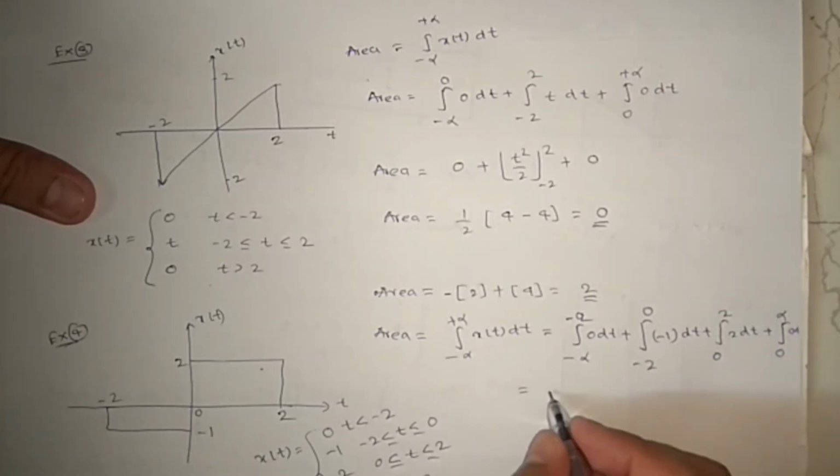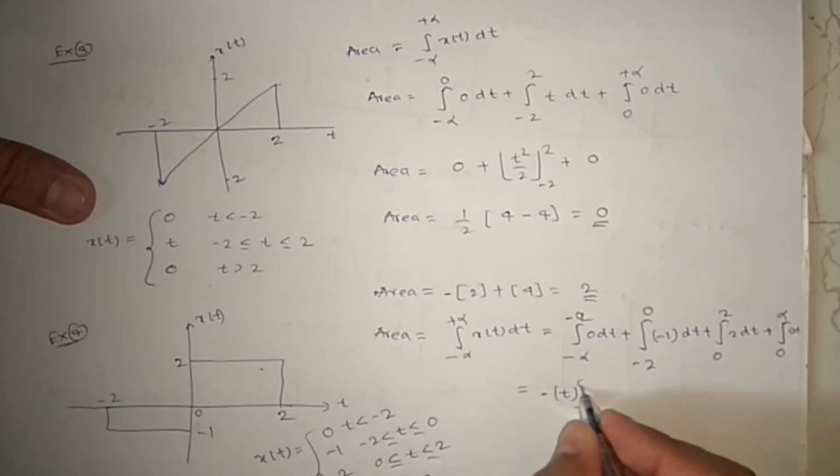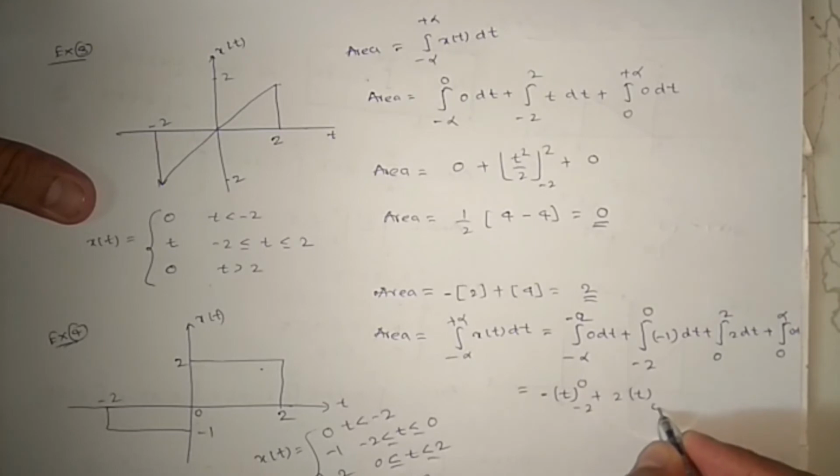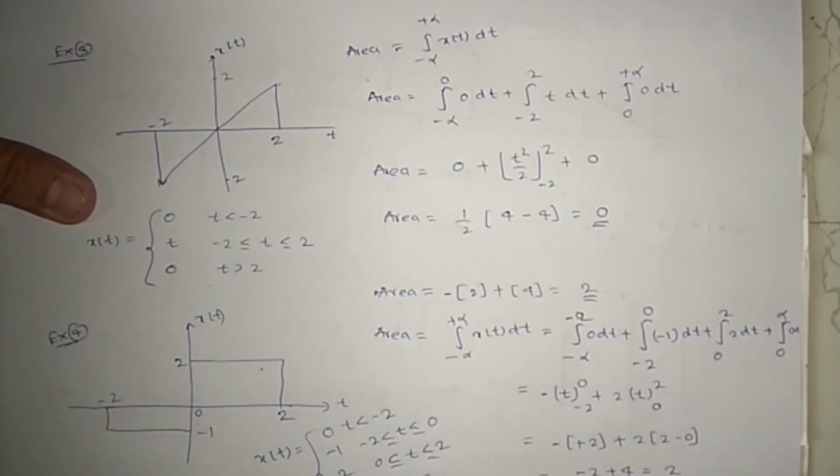So here this is minus t from minus 2 to 0, plus 2t from 0 to 2. Minus of minus 2 becomes plus, and this is 2 minus 0. So this is minus 2 plus 4 equal to 2.